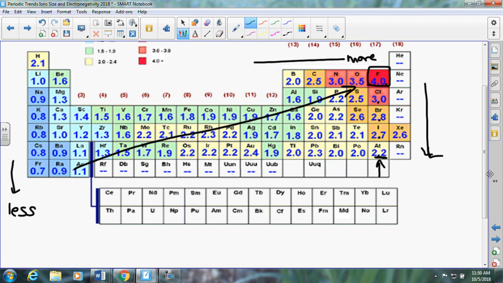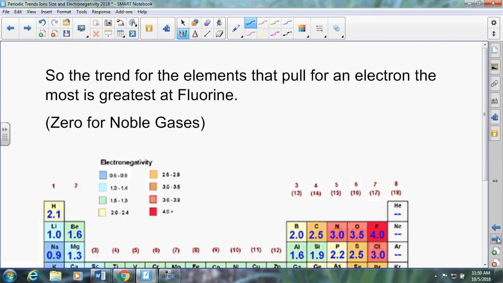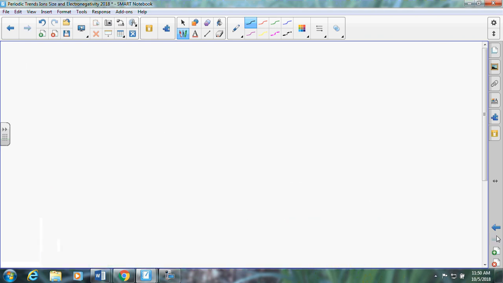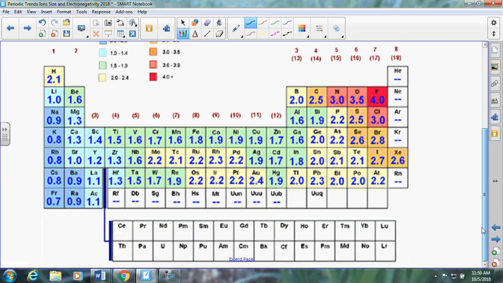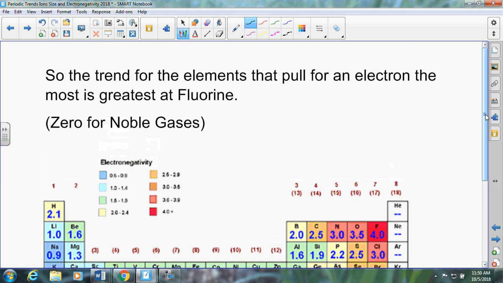If I failed in telling you why fluorine has the greatest electronegativity, not why fluorine has greatest electronegativity, but if I failed in explaining why the trend is lower as we go down, let's talk about that real quickly.